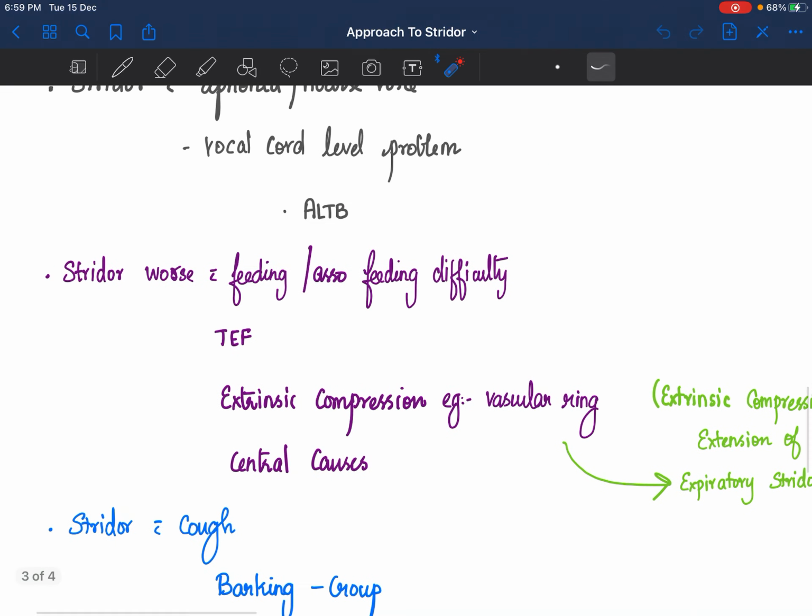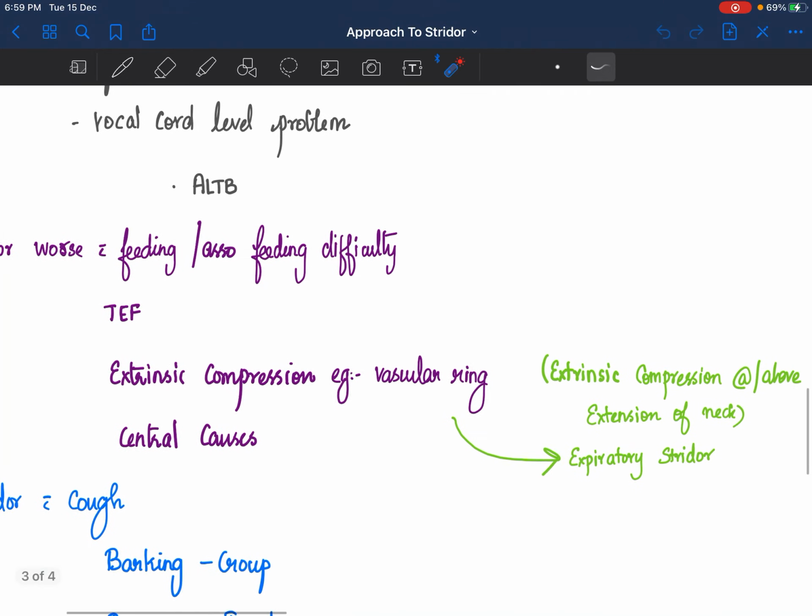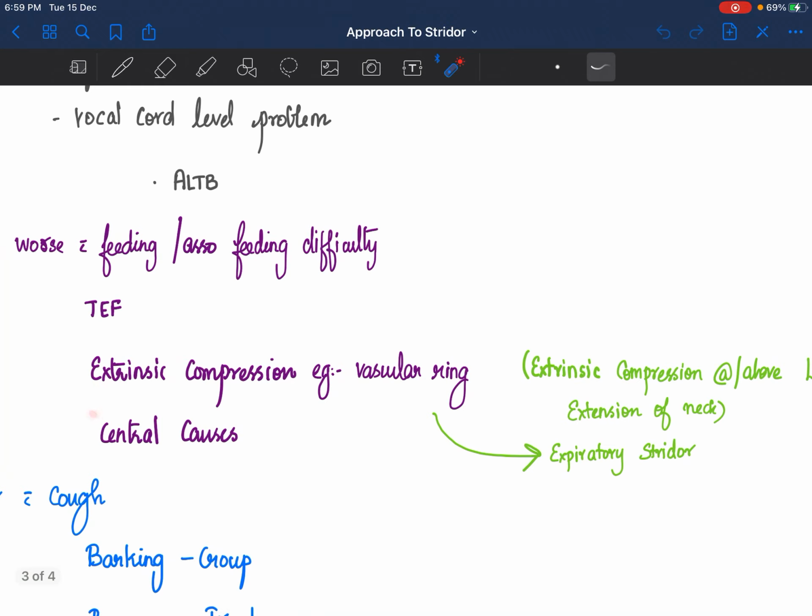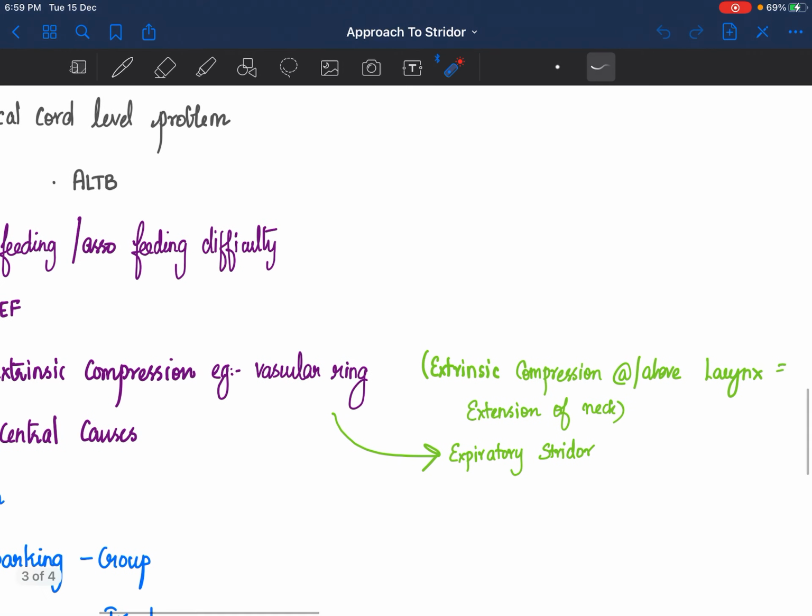If the stridor is worse with feeding or it is associated with feeding difficulty, think of an esophageal problem that is associated, or an extrinsic compression that's causing both tracheal and esophageal compression, like a vascular ring that is causing obstruction, a tracheoesophageal fistula, central causes which can cause both a feeding difficulty as well as a breathing difficulty.